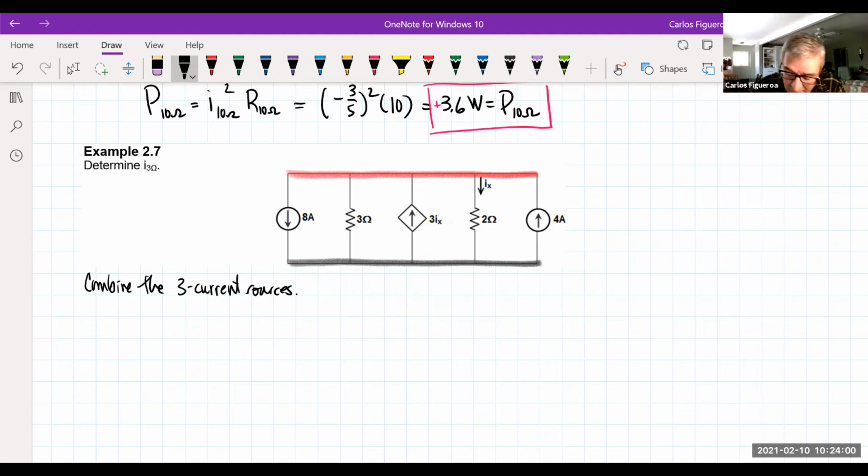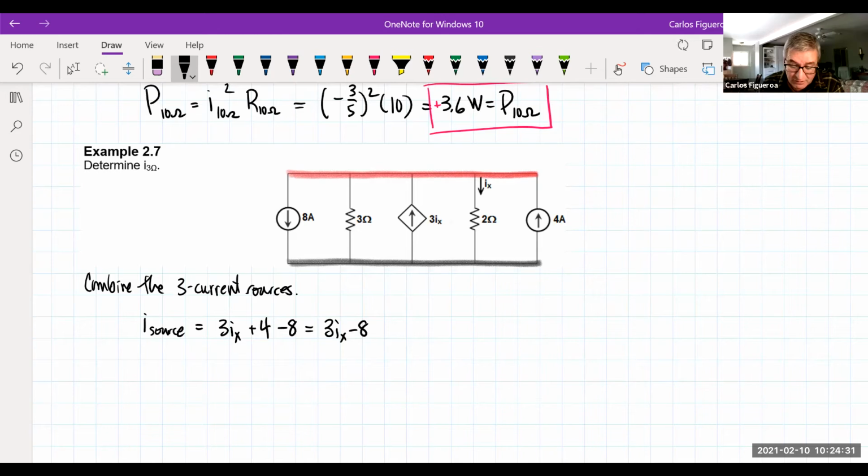Because 2 of them are pointing up, I'm going to combine all of them, and say that our source here is positive pointing up. So what's pointing up? I have the 3Ix, I have the 4, and look at the 8. It's in the opposite direction. So it's going to be 3Ix minus 8. That's what our source is.